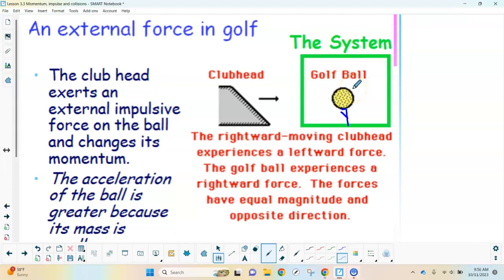The golf ball is not moving if it's at rest on the tee, so it's got no momentum to start. You're going to hit it with some sort of club, a driver, or whatever it is, and because of that, the driver is going to apply a force for some period of time, and the ball is going to start moving. So that force acting on the golf ball is imparting momentum into it. It goes from no momentum to some momentum, so there was a change in momentum. So that idea is an external force.